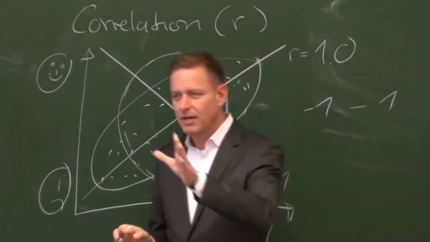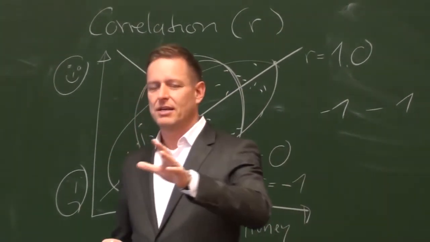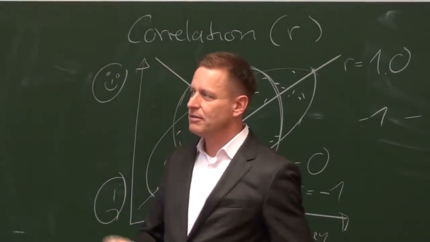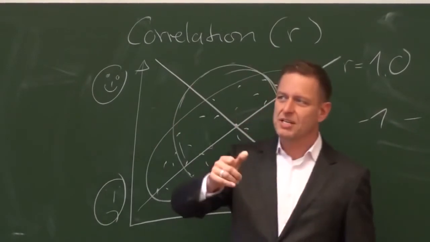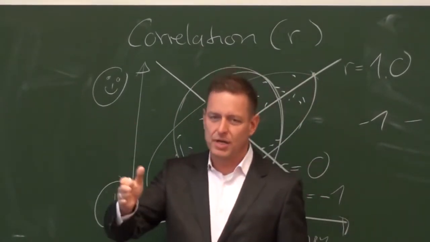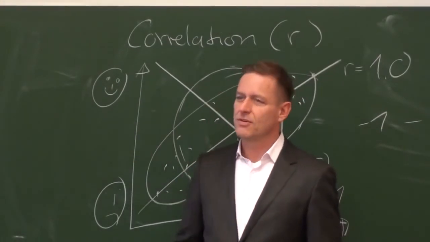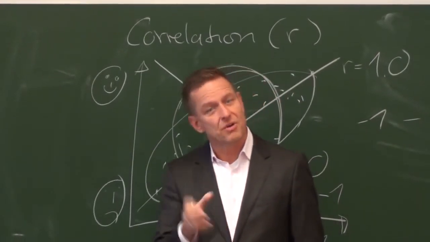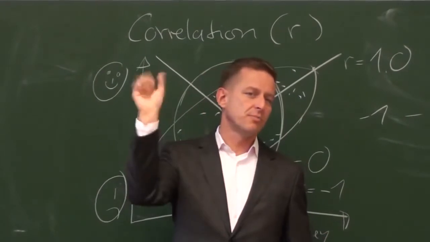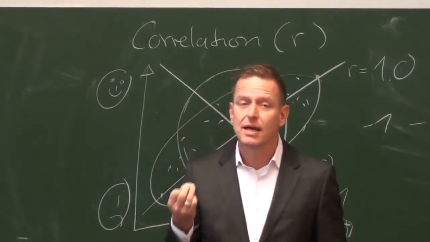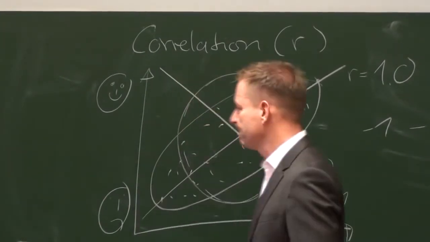So whenever you hear about correlations from now on, and you hear the correlation between job satisfaction and turnover is 0.21, you say, okay, it's close to 0, there is something, but it's not a perfect relationship, okay? You must be able to interpret the correlation, okay?